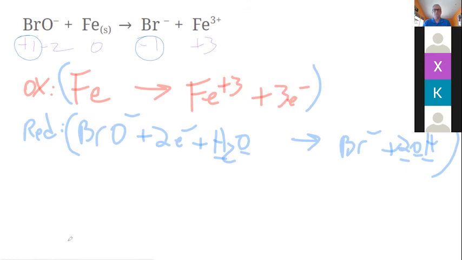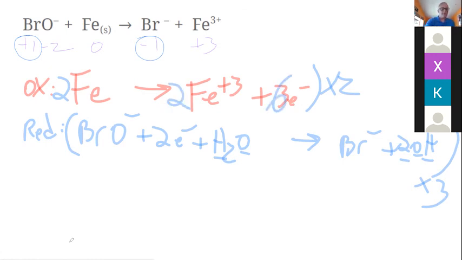You can multiply the oxidation reaction by 2 and multiply the reduction reaction by 3, so that each one will have 6 electrons that you can cancel out. Exactly. Excellent. So now I will have 2 irons on both sides and 6 electrons.